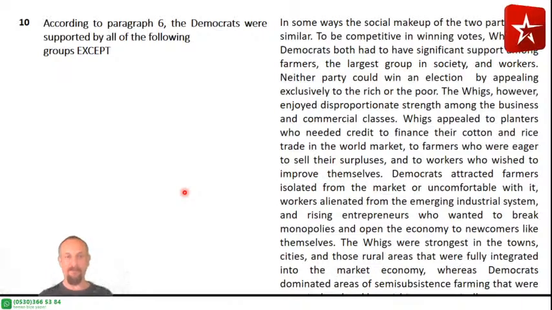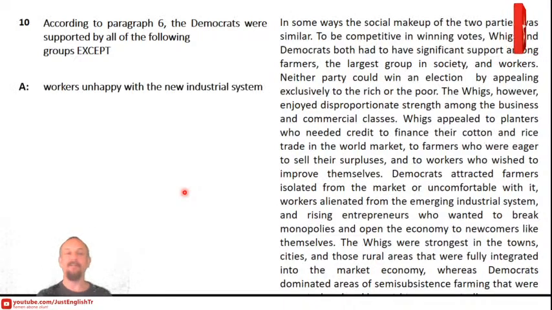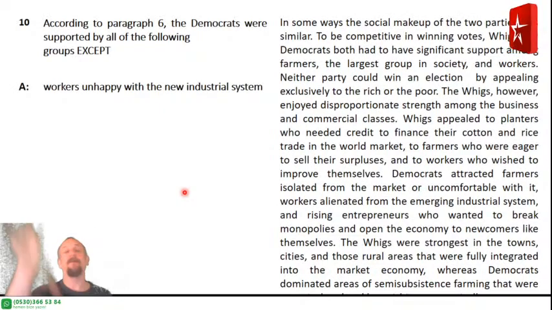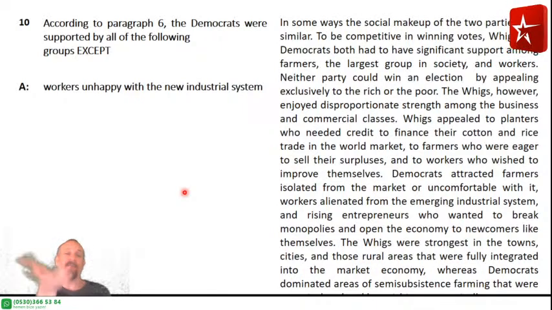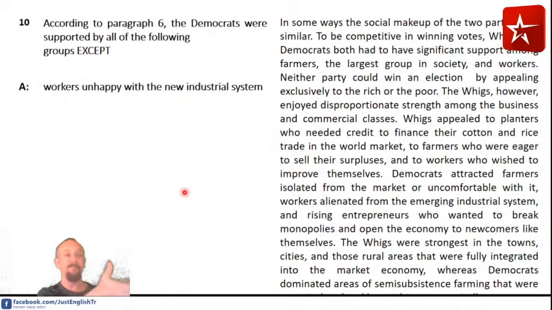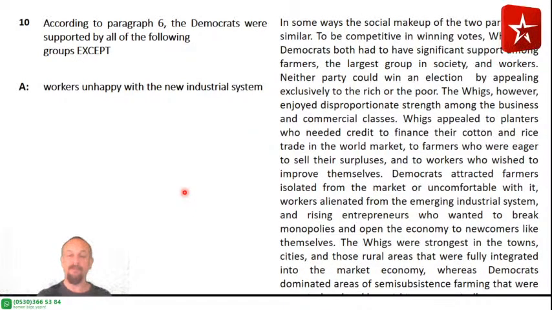So let's go to question 10. Actually, I'm not going to say anything about this question. I'm just going to put the options up and let you go away. If you don't put your answers up, I'm not going to explain it. I'm just going to sit here and look at the computer for the last 10 minutes. So make sure that you answer the questions, all of you. We have A, workers unhappy with the new industrial system.